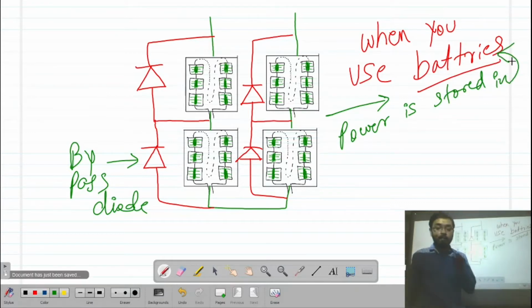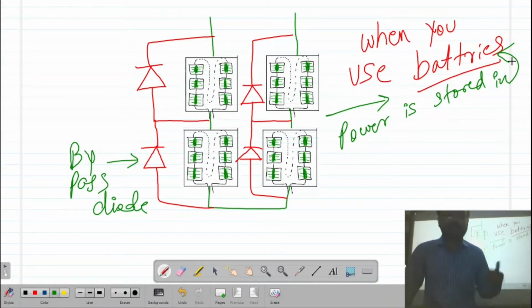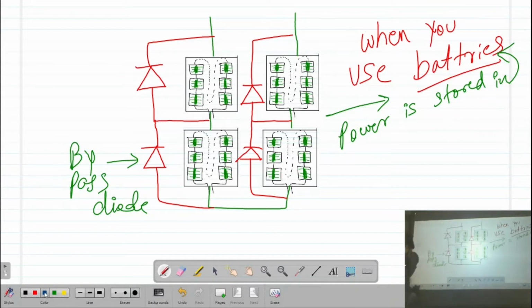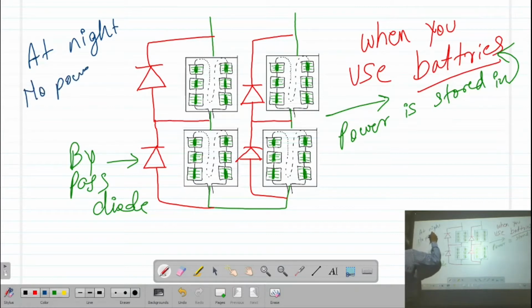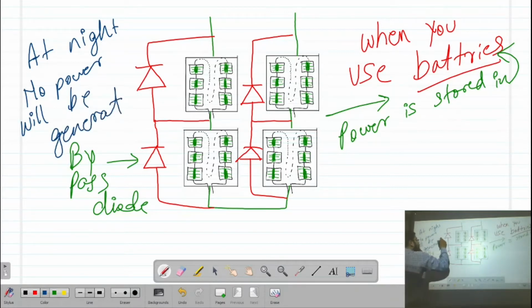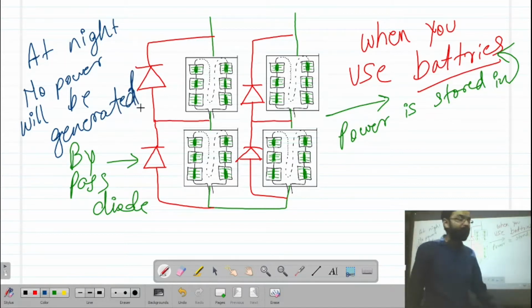But think about it: at night time, no power will be generated by these modules and arrays.